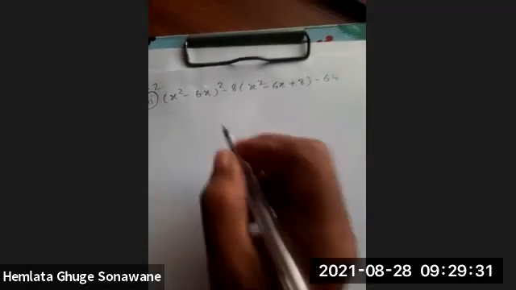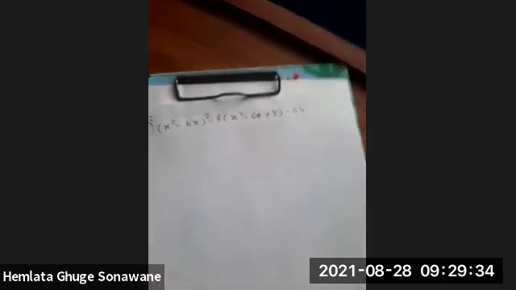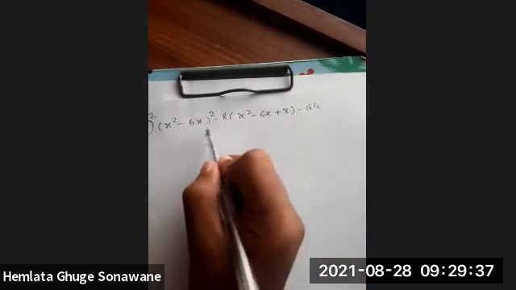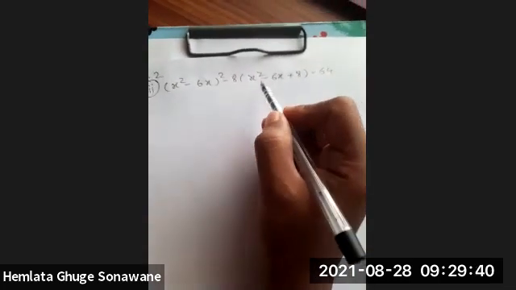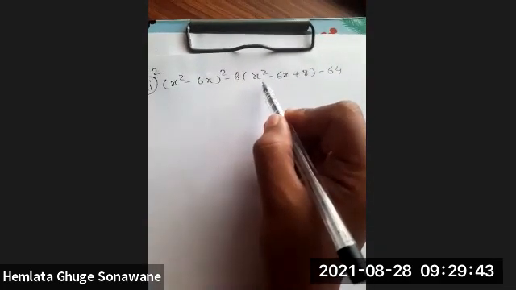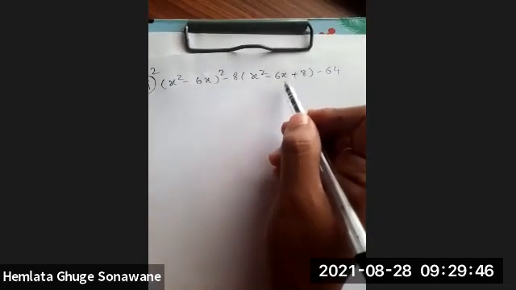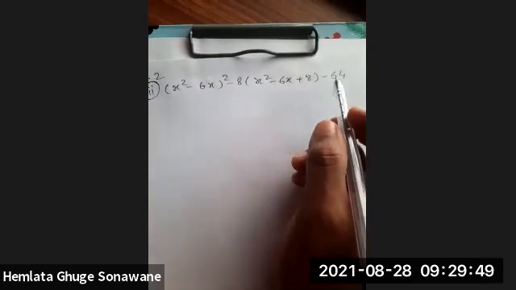That is x square minus 6x, bracket square, minus 8 into bracket x square minus 6x plus 8 minus 64.